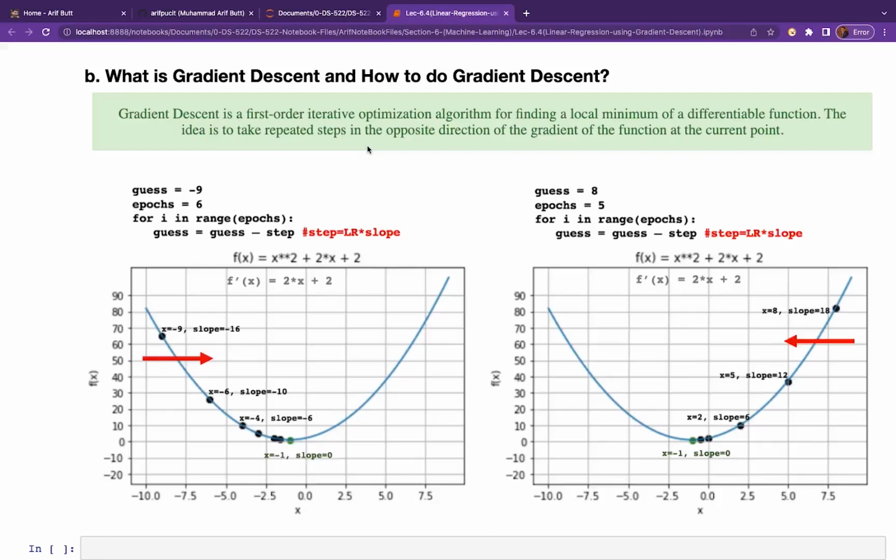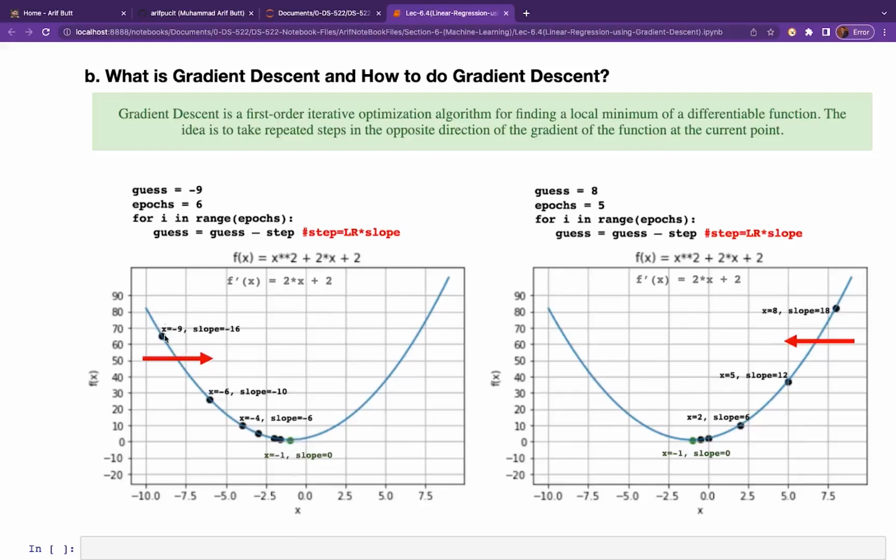Let me describe this definition with the help of a pseudocode and a graphical representation of a function x squared plus 2x plus 2. And consider this left graph and the corresponding pseudocode. Our objective is to find the local minimum, which is shown by this green dot at x is equal to almost minus 1.